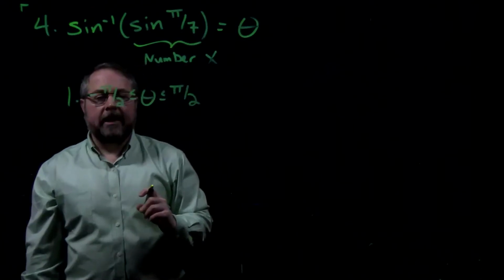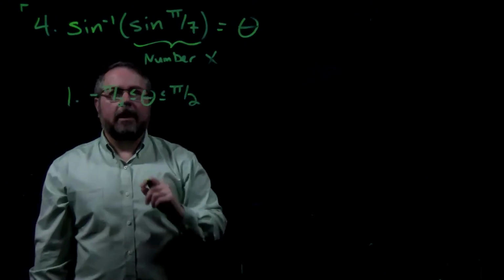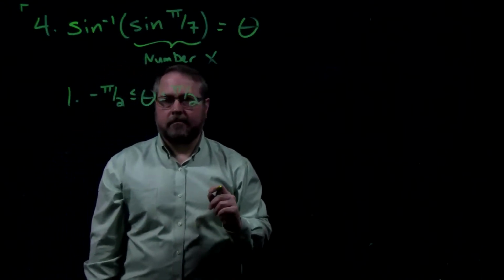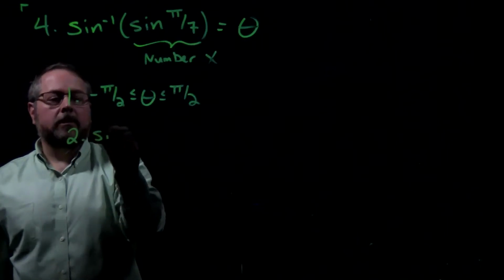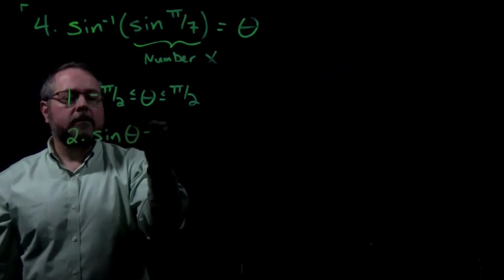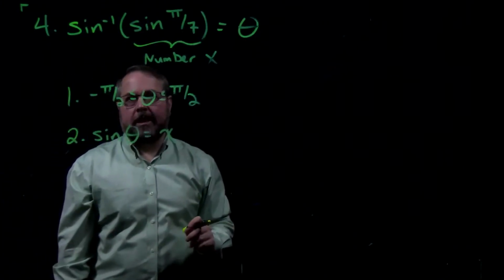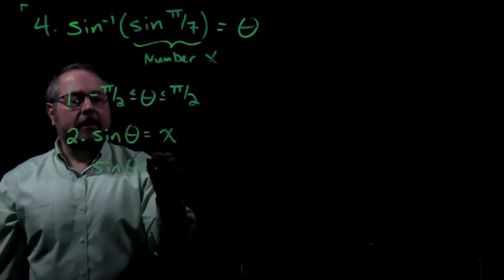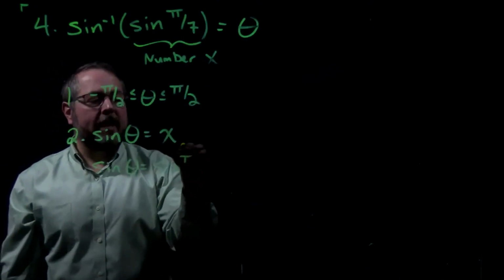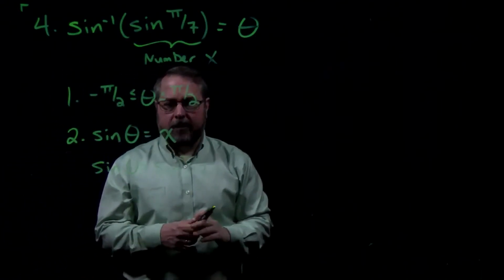That is a necessary condition for an angle to be an inverse sine. The other thing we need is for the sine of that angle to be equal to what we put inside the inverse sine. That is to say, the sine of theta has to be equal to the sine of pi over 7, because that's what we were plugging into the inverse sine.